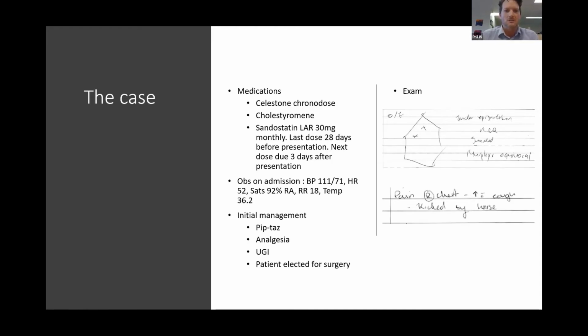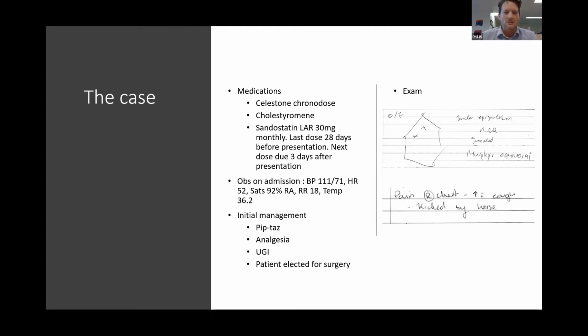He was on cholestyramine for bile acid sequestration, and the oncologist also had him using a regular somatostatin analogue. So this is Sandostatin. He was using a long-acting formulation monthly, and he'd actually had the last dose about a month before he presented, and he was due quite soon after.